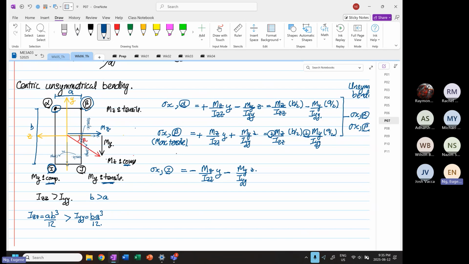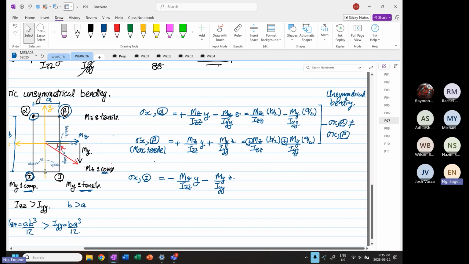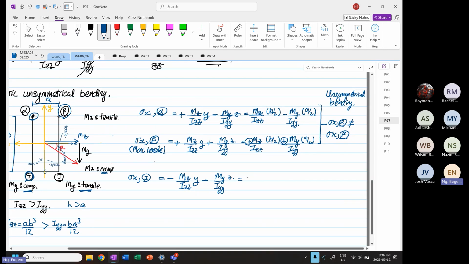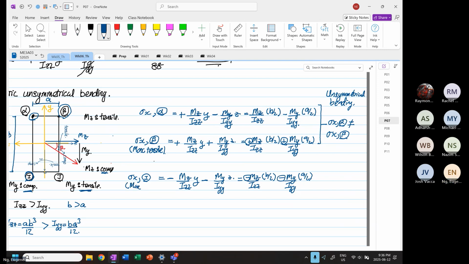Negative. My compression, Mz is also in compression. Okay, so when that's the case, this will be equal to minus Mz over Izz multiplied by b over 2 minus My over Iyy multiplied by a over 2. So for this case, both of them are negative. This is where you have your maximum what? Compression.